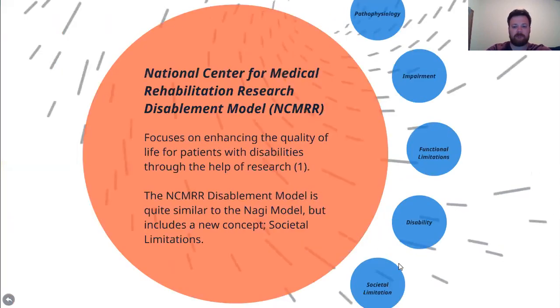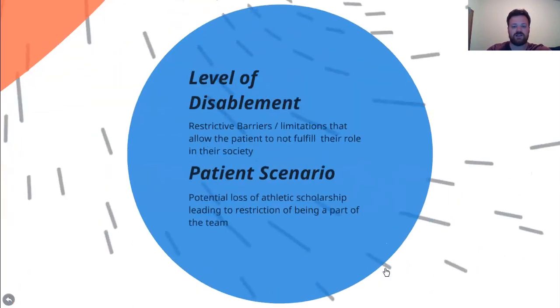And then we go into societal limitation. This is restrictive barriers, limitations that won't allow them to fulfill their role in their society. So in our scenario here, the patient could potentially lose their athletic scholarship, ultimately restricting them from being a part of the team or even playing basketball or maybe even being associated with school.